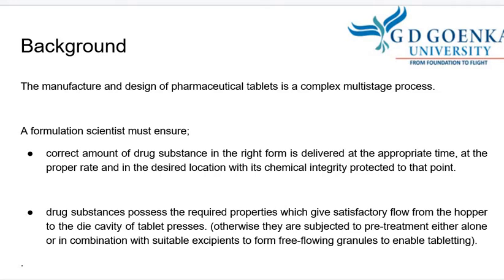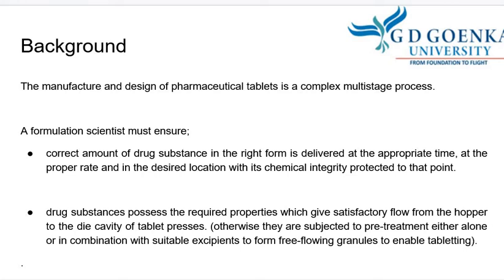For the design and manufacture of pharmaceutical tablets, which is a complex multi-stage process, a formulation scientist must ensure that the correct amount of drug substance in the right form is delivered at the appropriate time, at the proper rate, and in the desired location with its chemical integrity protected to that point.